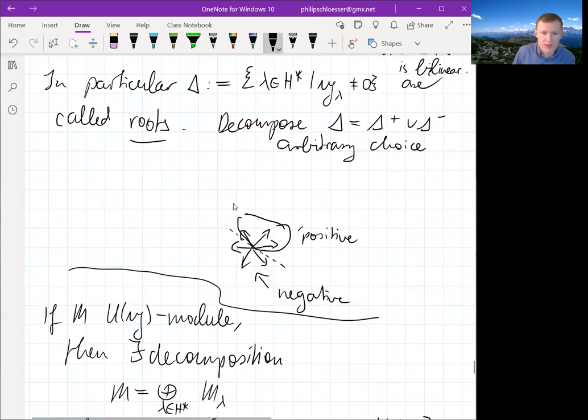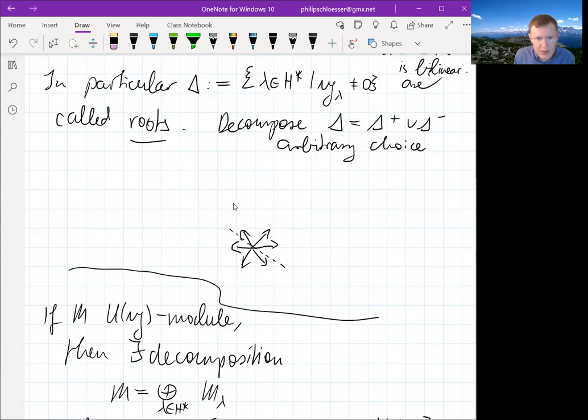Okay, if we have this diagram here, maybe I erase whatever we call positive and negative. We can now also ask, what are the dominant things here? The dominant weights are bounded by this line and by this line.